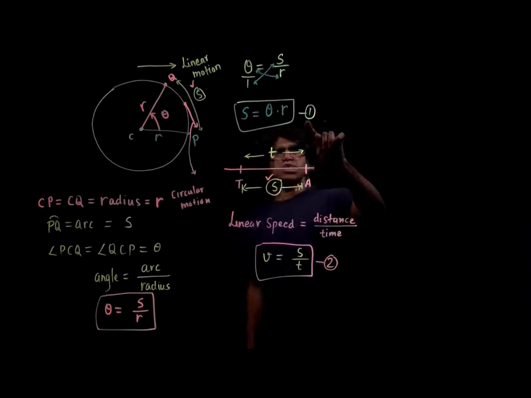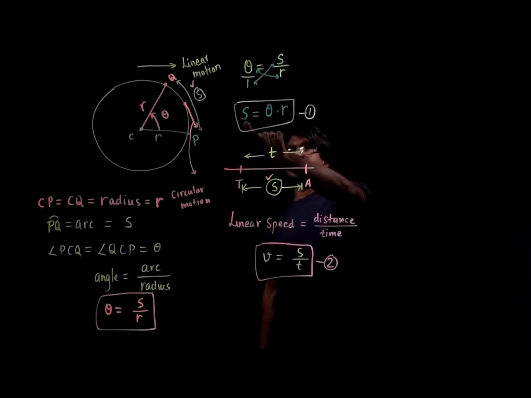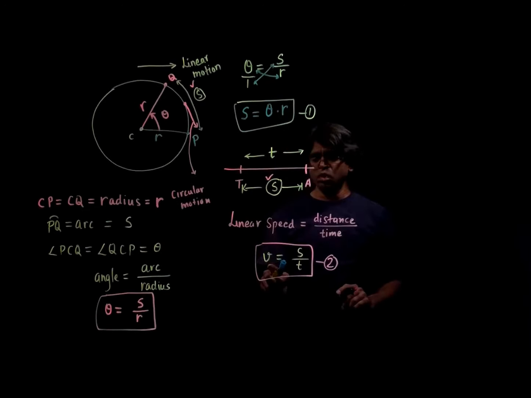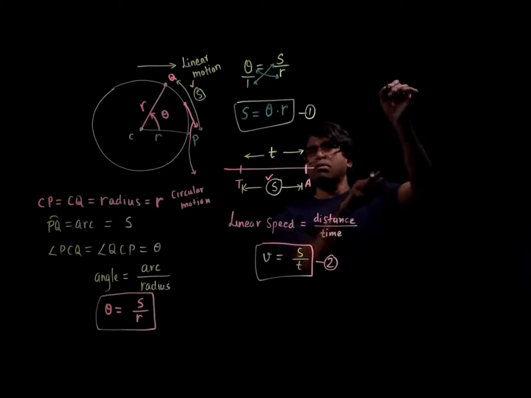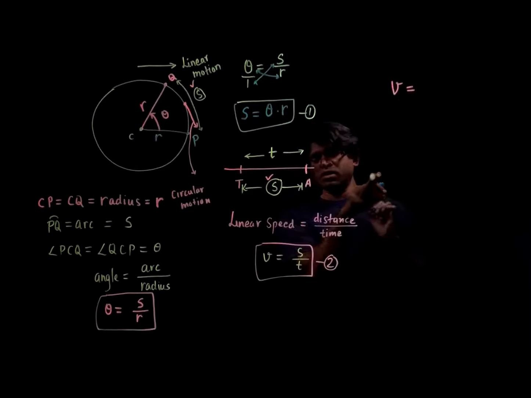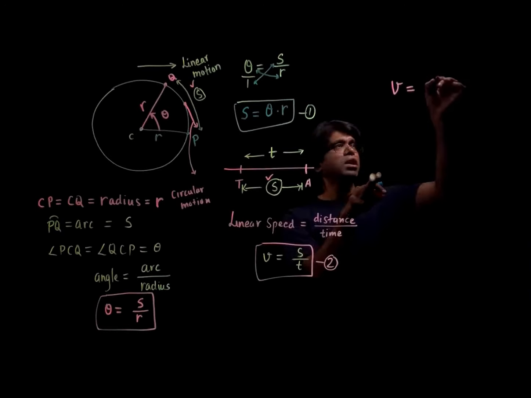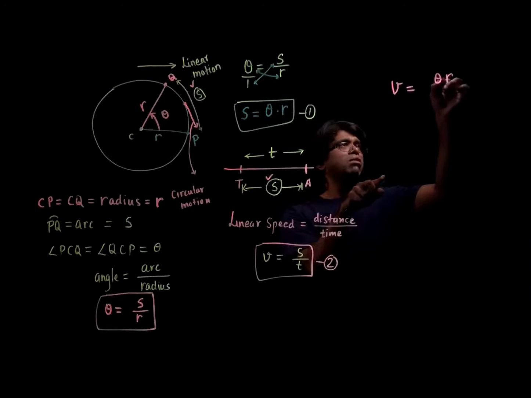Now look at equation number 1. Equation number 1 is S is equal to theta times R, and v is equal to S over t. So I'm going to substitute this S as theta times R. So I will write velocity v, which is linear velocity v, is equal to S, which is theta times R over t.